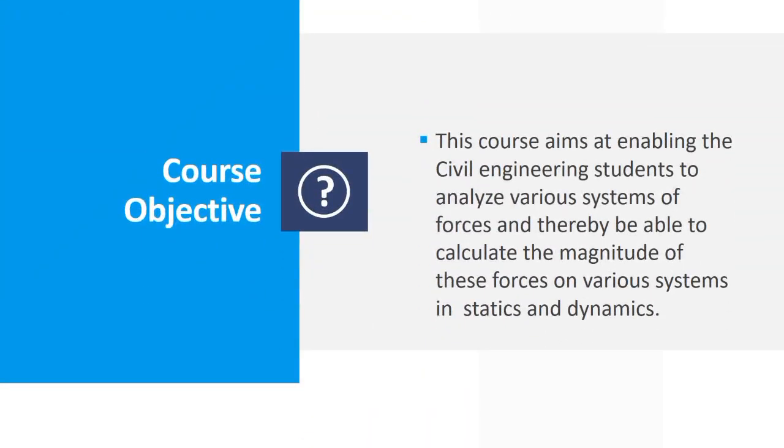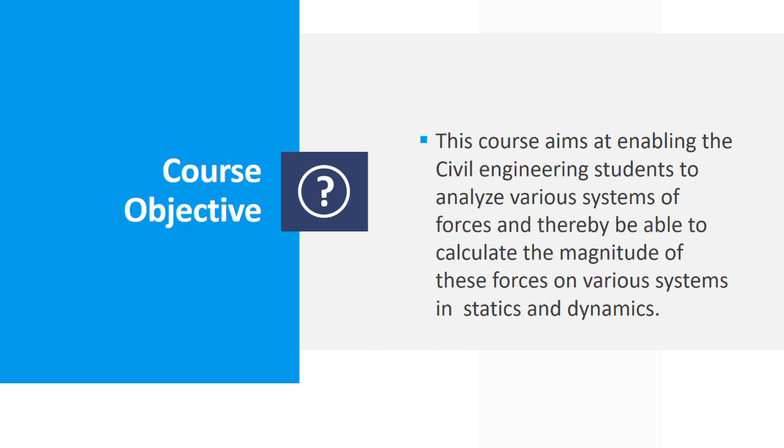So the course objective of this course is that it aims at enabling civil engineering students to analyze various systems of forces and thereby be able to calculate the magnitude of these forces on various systems in statics and dynamics. So basically we will be doing two things in this course.